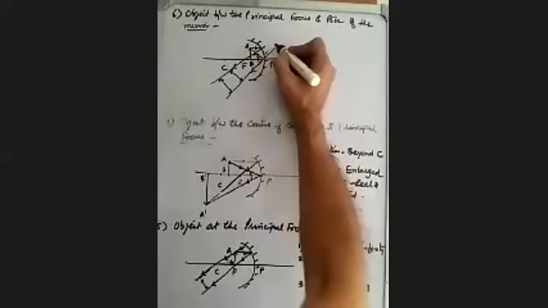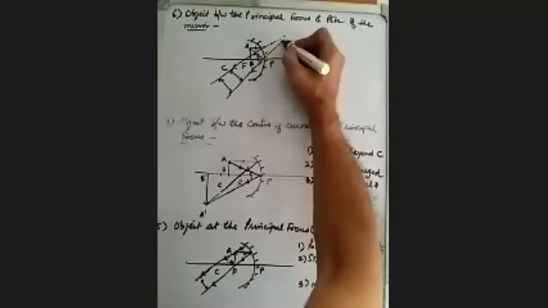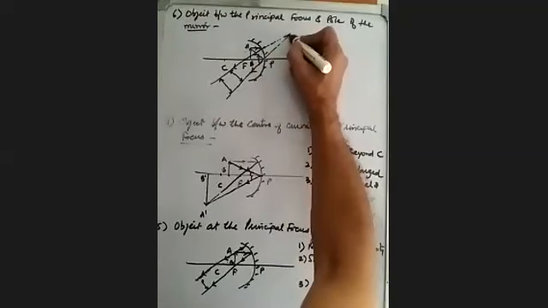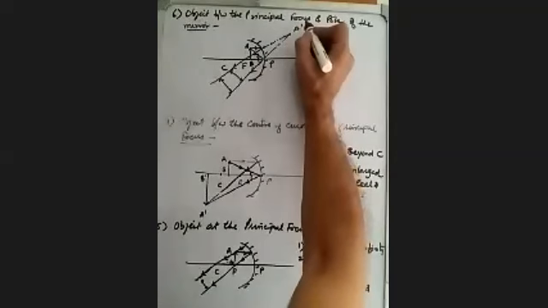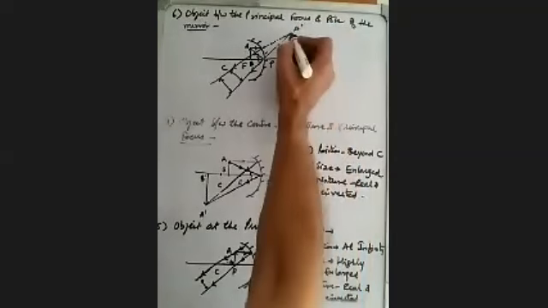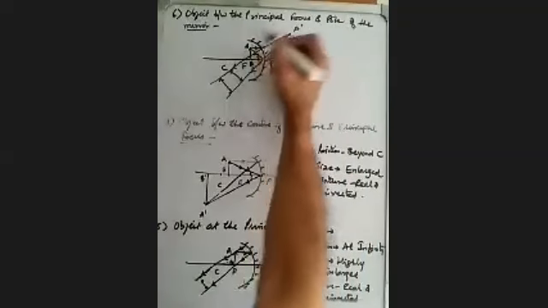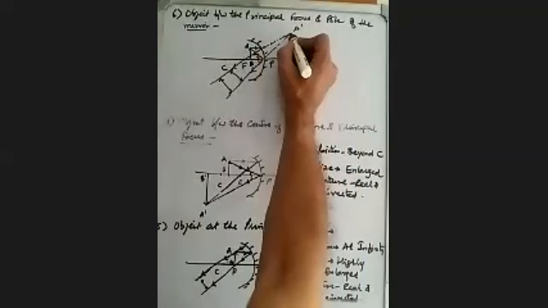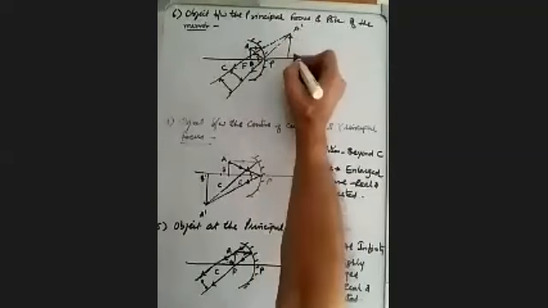But if you extend these two rays in the backward direction, they seem to be meeting at one point or originating from that one point. That one point becomes the image of point A. Draw perpendicular from A on the principal axis, and A dash B dash becomes the image.